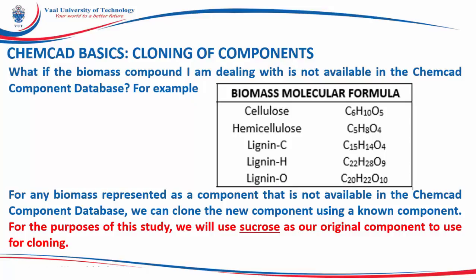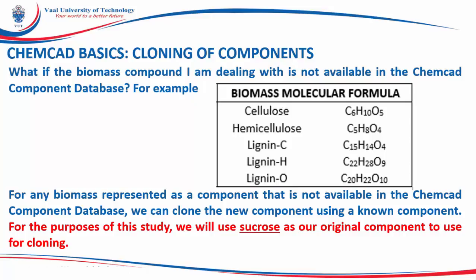For any biomass represented as a component that is not available in Chemcad, we can clone the new component using a known component. For the purposes of the study, we will use sucrose as our original component for cloning, which means that all the components that we'll be cloning, cellulose, hemicellulose, lignin C, H, O, will have properties, both thermodynamic and physical, that of sucrose.